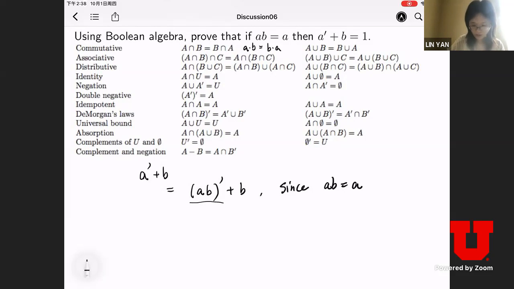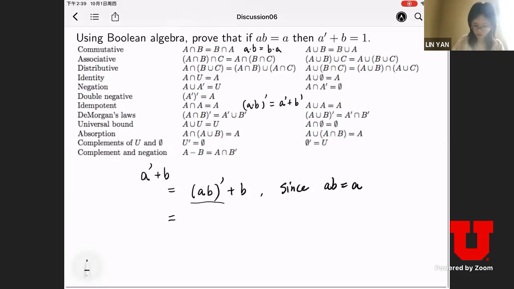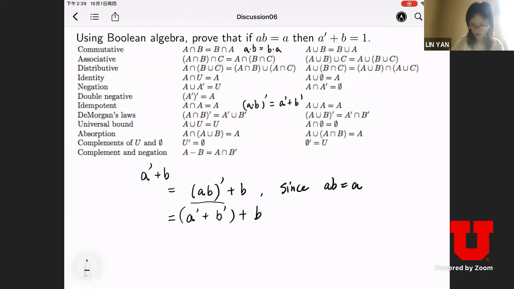If we rewrite De Morgan's law in Boolean algebra, it will be not (AB) is equal to not A plus not B. So it is equal to not A plus not B plus B.